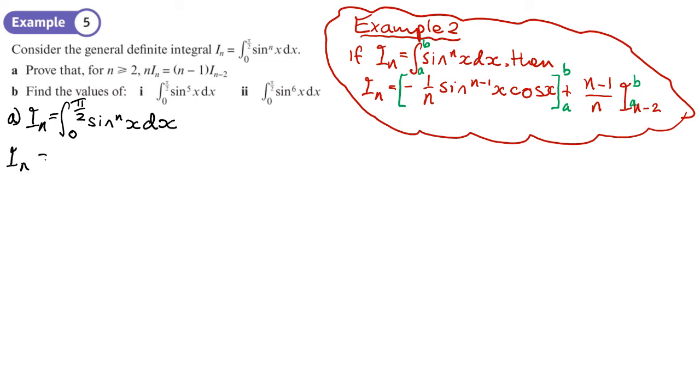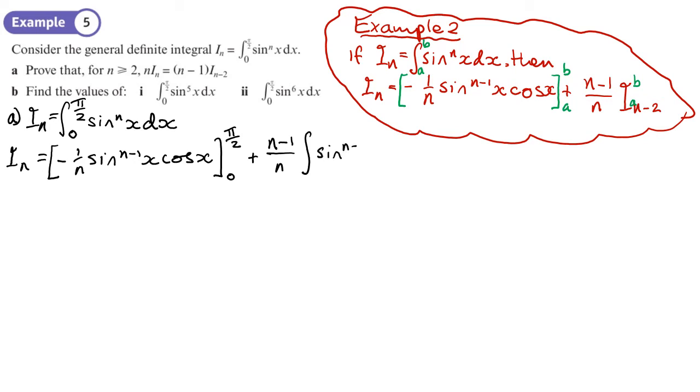Using the result in that red bubble, we'll have negative 1 over n sine to the power n minus 1 x cos x between the limits of 0 and pi over 2, plus n minus 1 over n times the integral of I sub n minus 2. Now that will be the integral of sine to the power n minus 2 x dx between the limits of 0 and pi over 2.